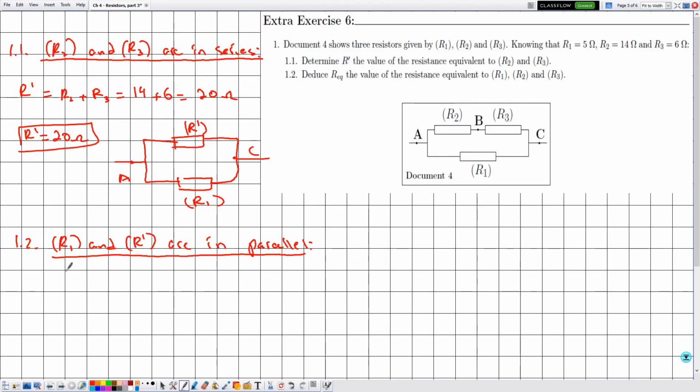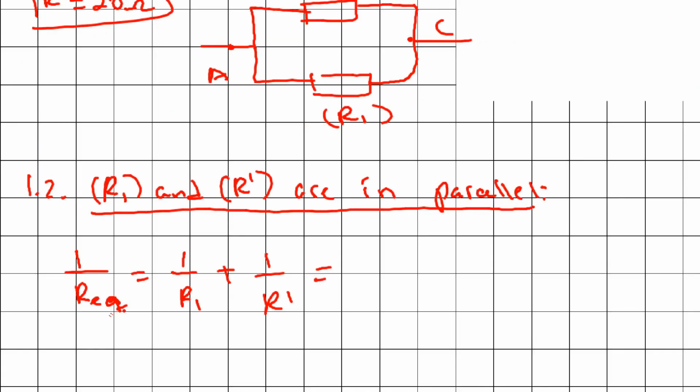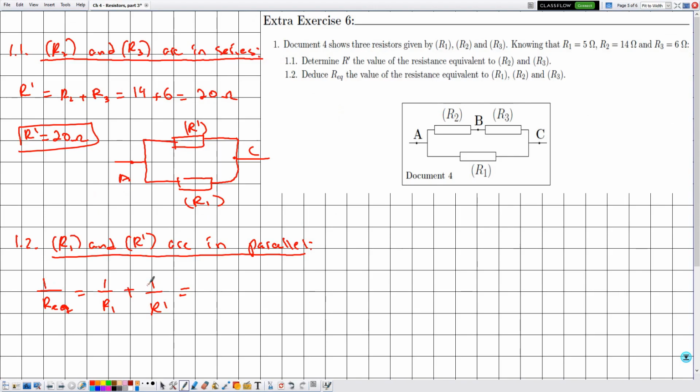So in this case 1 over R equivalent is equal to 1 over R1 plus 1 over R prime. So this is the formula relating equivalent resistance. The value of R1 is given by 5 and the value of R prime is given by 20.